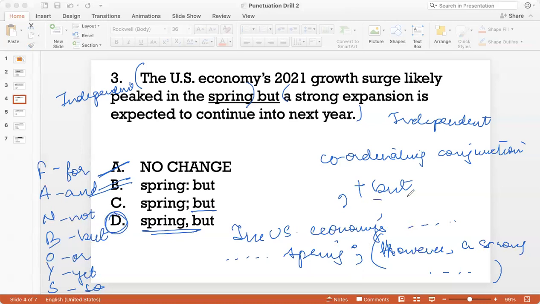But if I'm using a coordinating conjunction, I would have to use a comma. So C is also wrong.